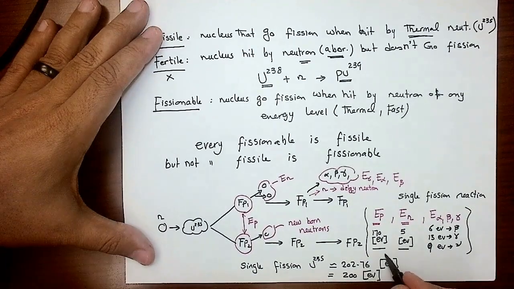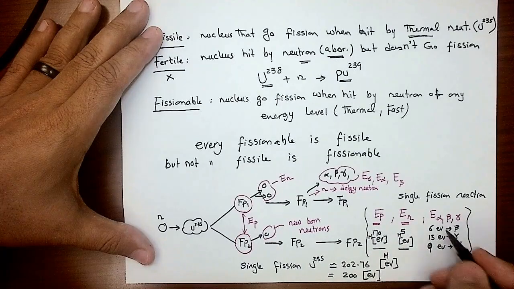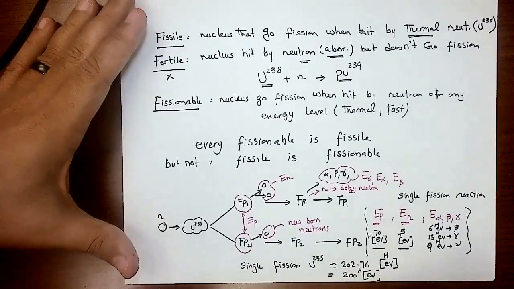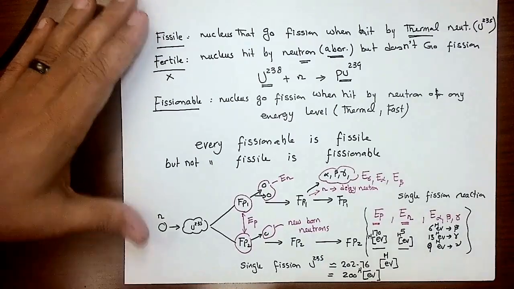Sorry, it's MeV, million electron volt. It's MeV all the time. So it's MeV, MeV, MeV. EV is a very small value. So it's 200 MeV, million electron volt, from a single fission reaction.